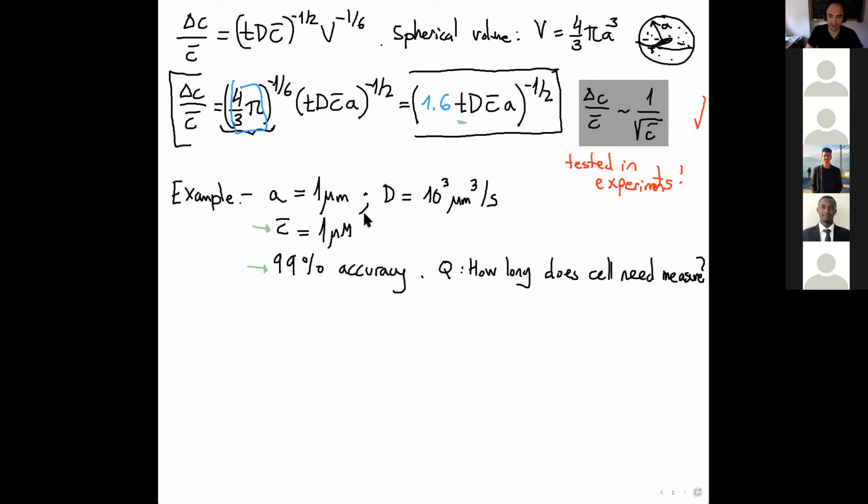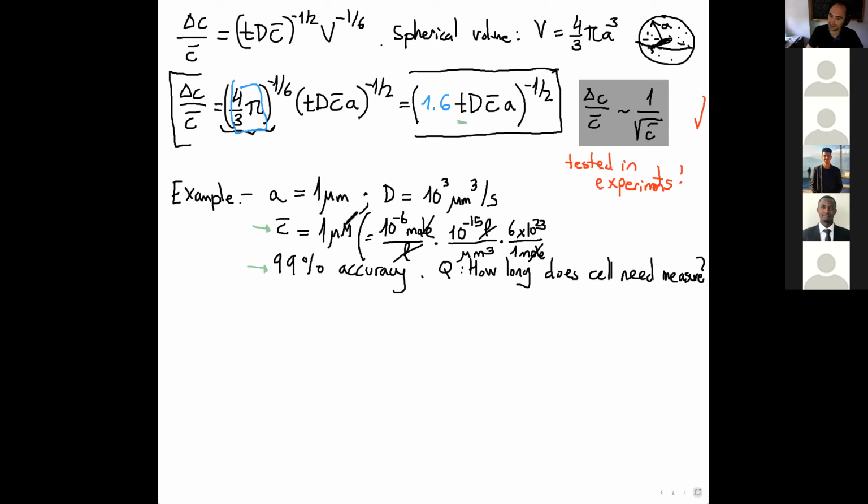I open a parenthesis: micro is 10 to the -6 moles per liter. Molar is in liter. Then we know that 1 femtoliter, 10 to the -15 liters, is 1 micron cubed. And we also know that 1 mole is 6 times 10 to the 23.